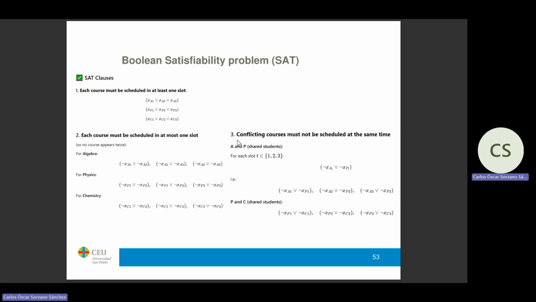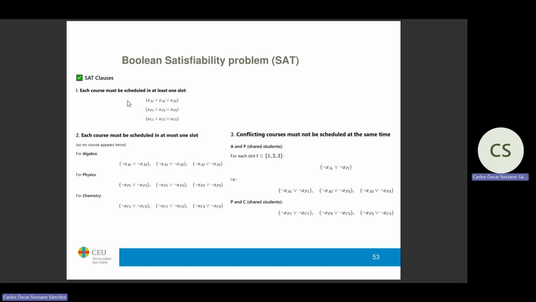So if these 2 courses share students, then it must be that either the first course is not assigned to time slot T, or the second is not assigned to time slot T. And this is the same as this one for T equal 1 to 3.